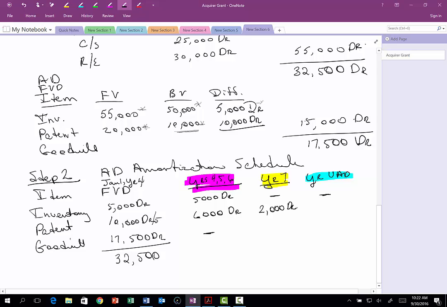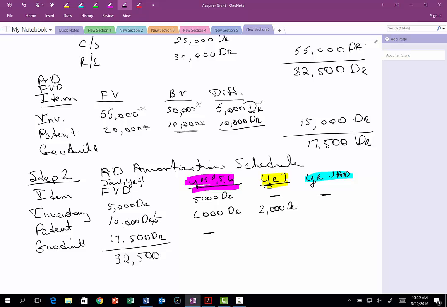All right, so the patent, in our income statement this year, we will once again have to do that $2,000 debit to amortization expense. Because our fair value of 20 is greater than our book value of 10, each year the sub is taking less amortization than what we need to have on the consolidated statements.